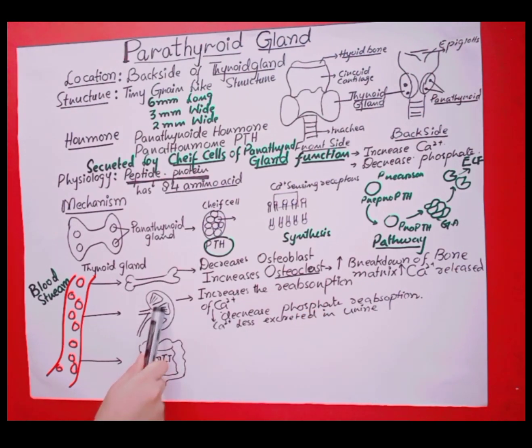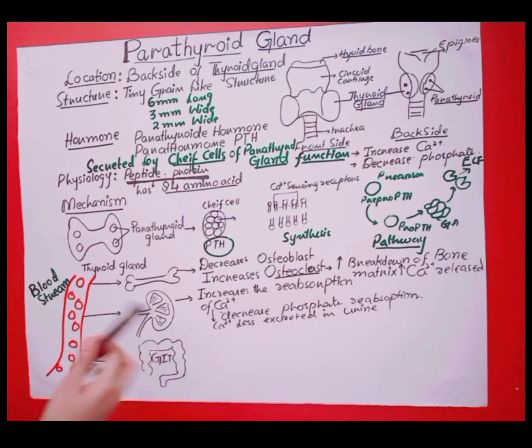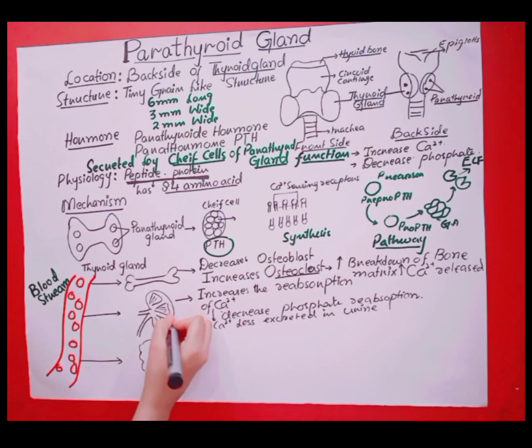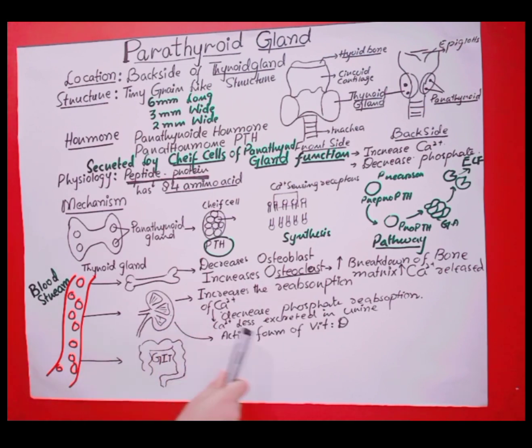Within our kidneys, this parathyroid hormone also plays a very important role. It produces the active form of vitamin D within the kidney, and this active form of vitamin D basically helps in more absorption of calcium within the gastrointestinal tract.